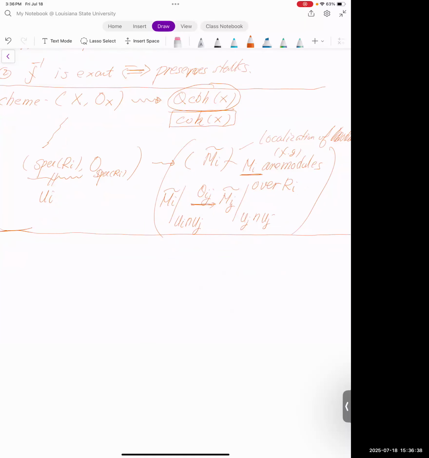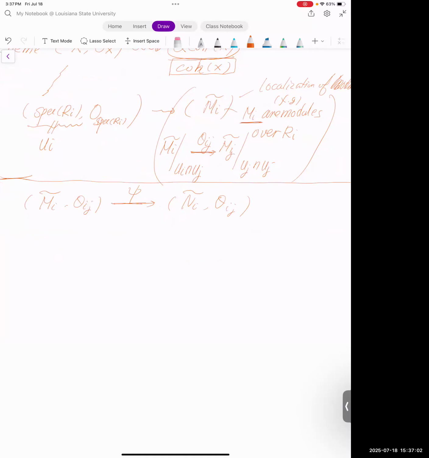Okay, so now we have given the objects. So what are the morphisms, right? If you have two quasi-coherent sheaves, what are possible morphisms between them? That's very easy to define.